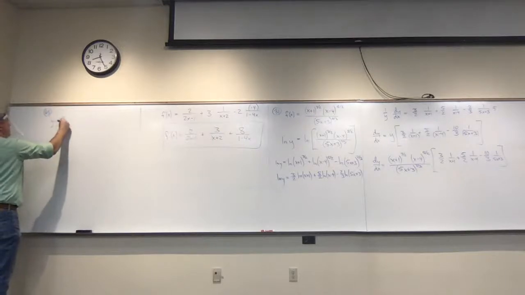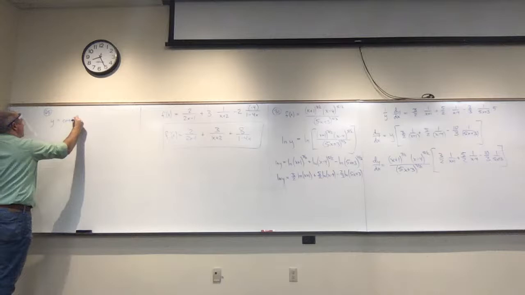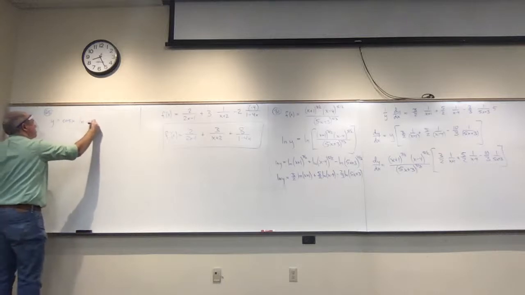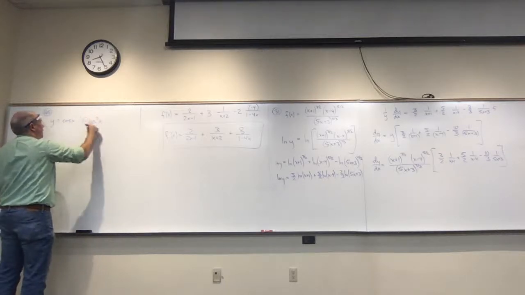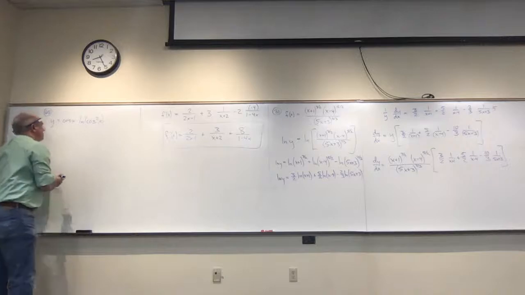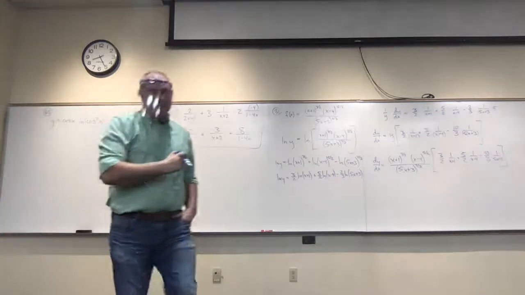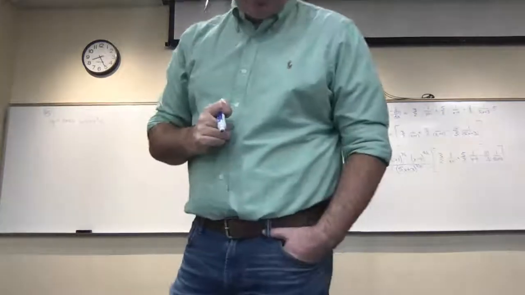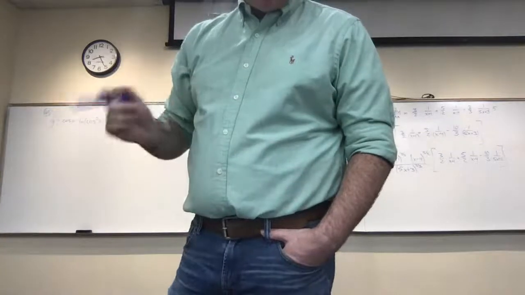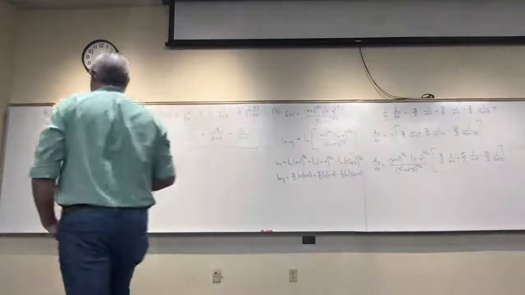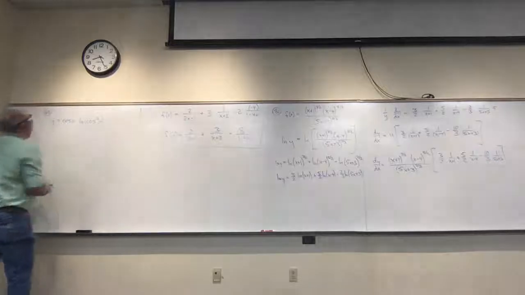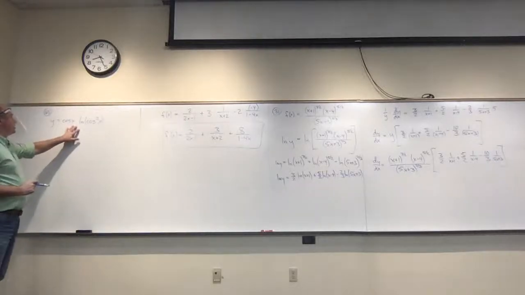Y equals cosine x times ln of cosine squared of x. That seem right? Okay, very good. So we want to take this derivative.